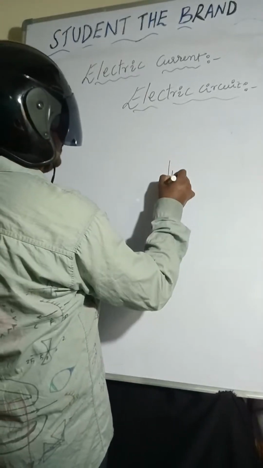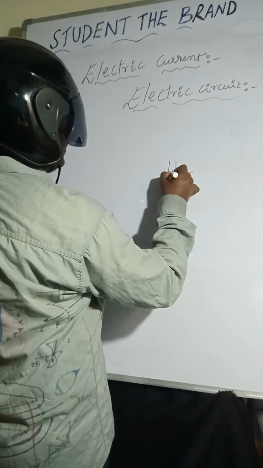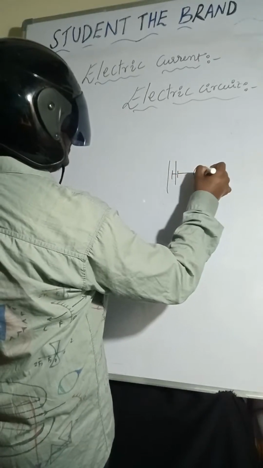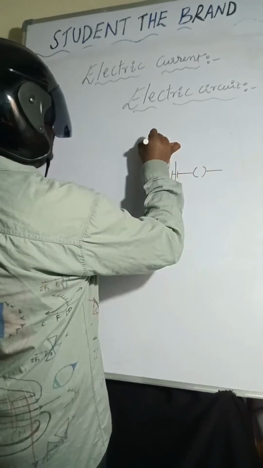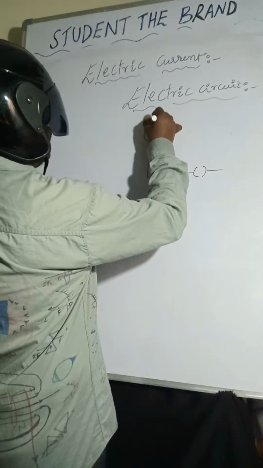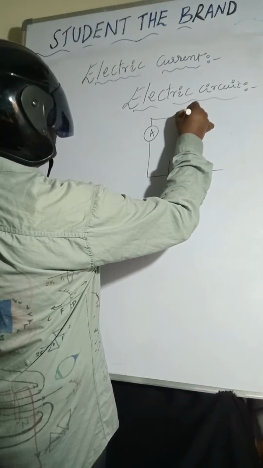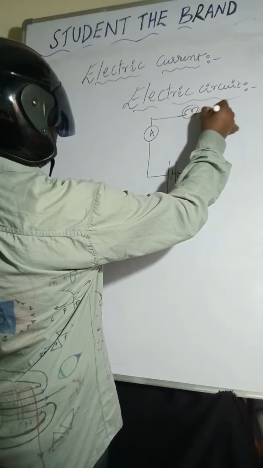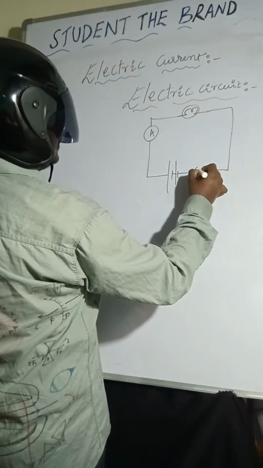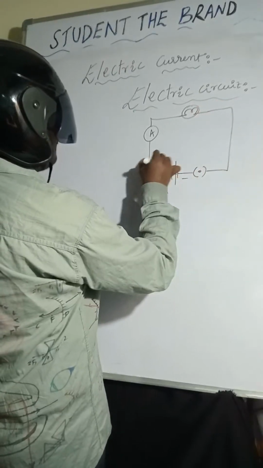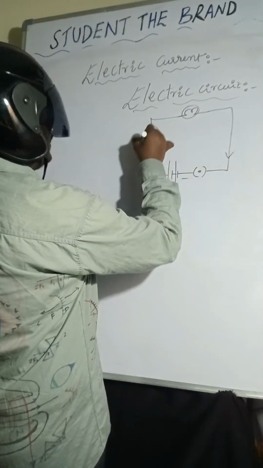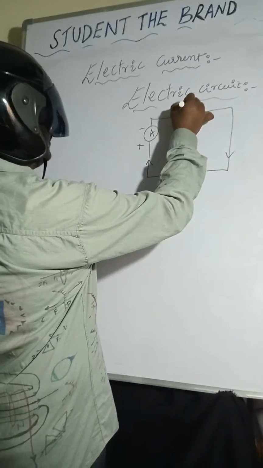So I'm taking this as a battery. I'm taking the ammeter here and a bulb. So current is flowing, bulb is glowing.